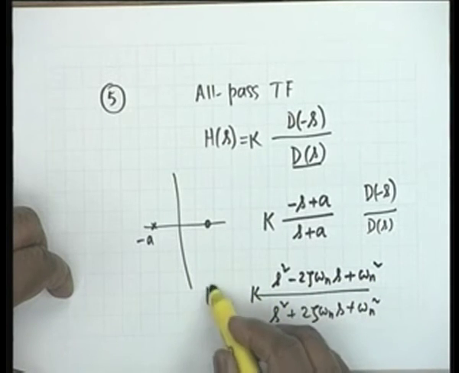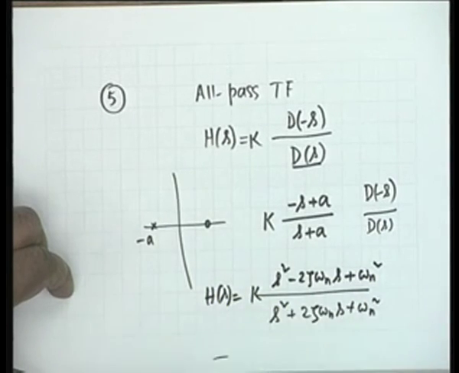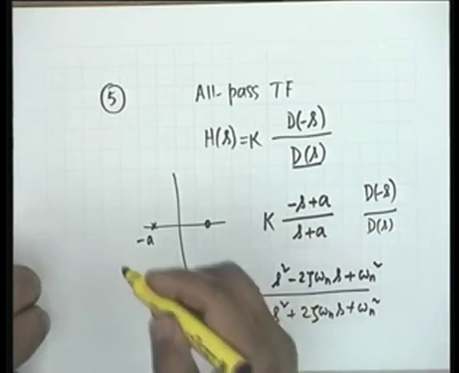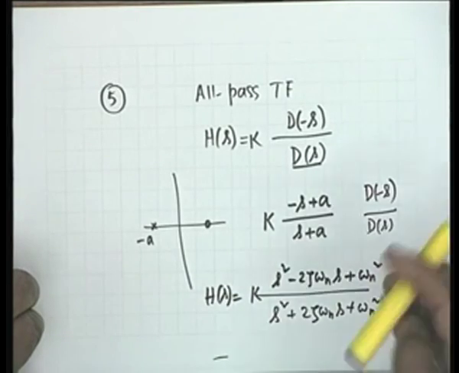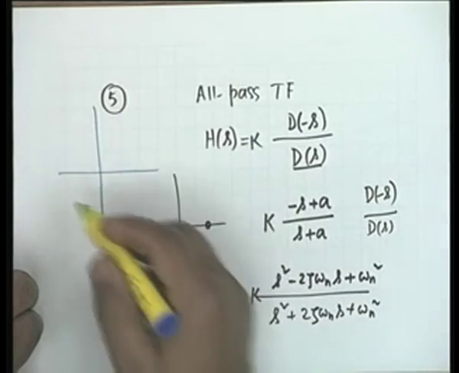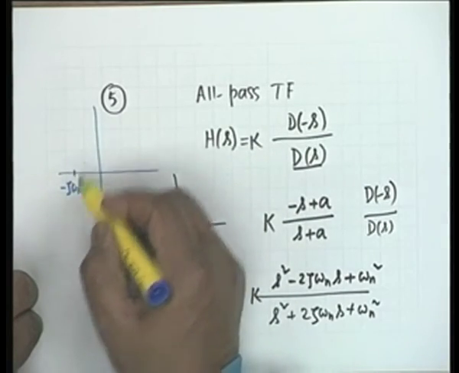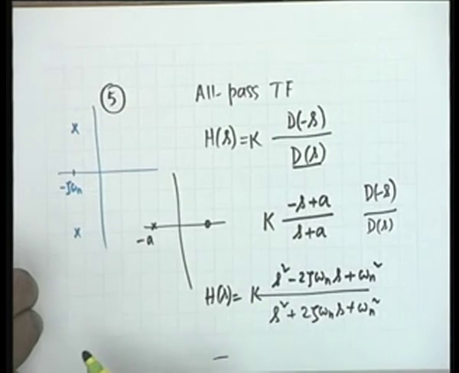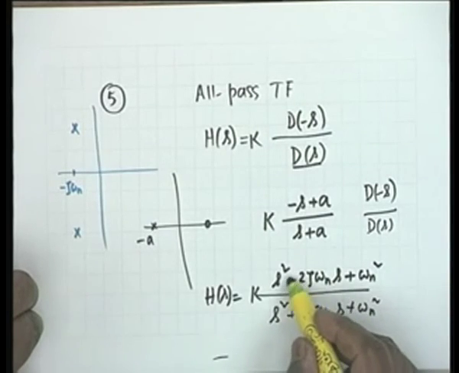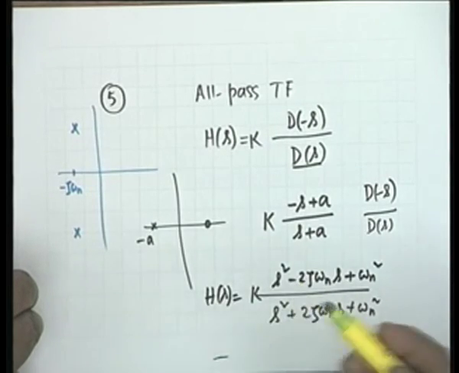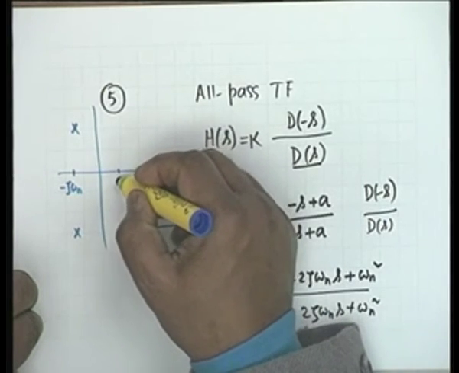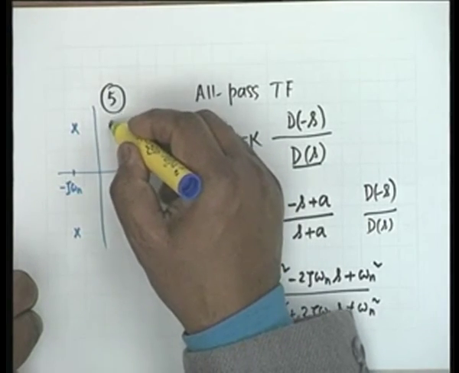Then you adjust your k. This is the second order all pass filter, and you notice that the poles and zeros shall be exactly mirror images. You go minus zeta omega n and you put the poles here, then because of the change in sign, all that changes is it becomes plus zeta omega n and the zeros must be here.